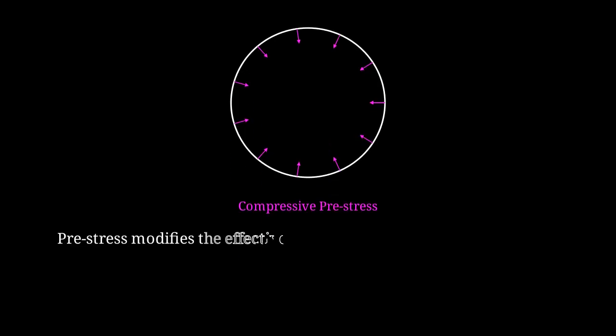When pre-stress sigma 0 is present, the effective critical pressure is modified. The buckling can occur at lower external pressures if the shell is already partially stressed. We can write the effective critical pressure as the classical critical pressure minus alpha times sigma 0, where alpha is a geometric factor and sigma 0 is the pre-stress magnitude.